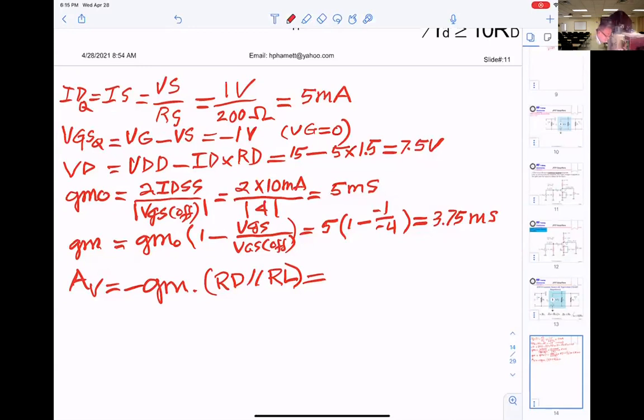Make sure you can do it, the next quiz next week. Minus GM means minus 3.75 times R big D 1.5K parallel R load 10K.